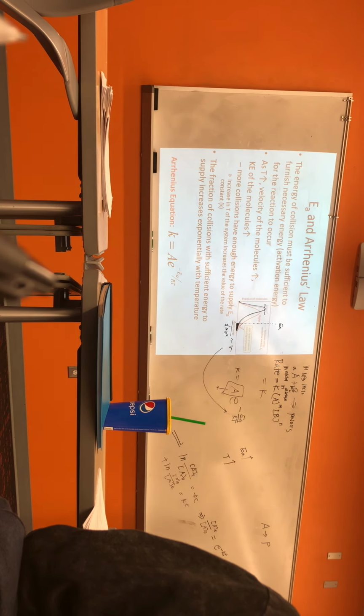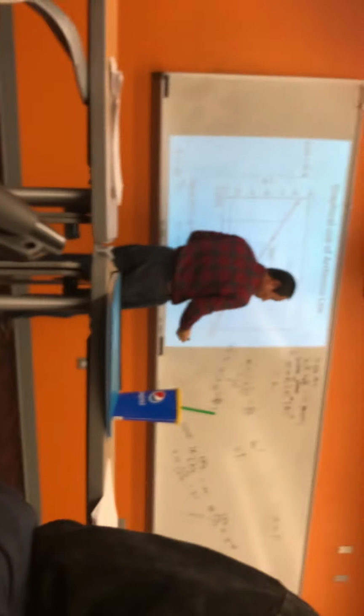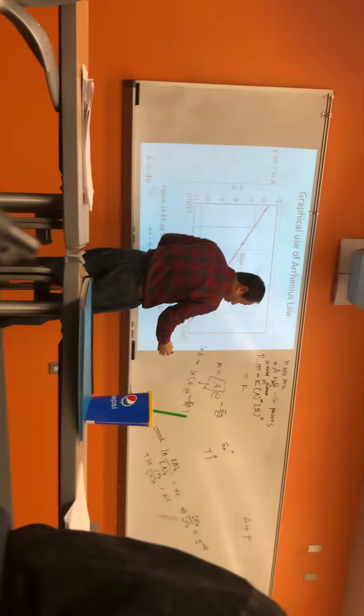Now this is more relevant to you in this course. So this Arrhenius equation is what you have to memorize. And then we can do algebraic manipulation. Let's take the logarithm of both sides. Then ln k equals ln of A e to the negative Ea over RT. A property of logarithms is that if you have something multiplied, you turn it into addition.